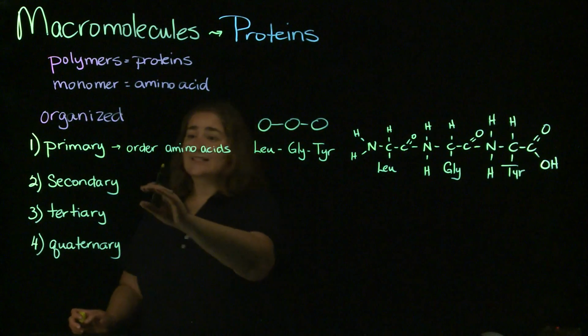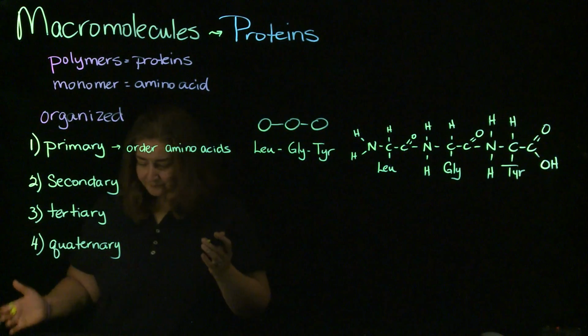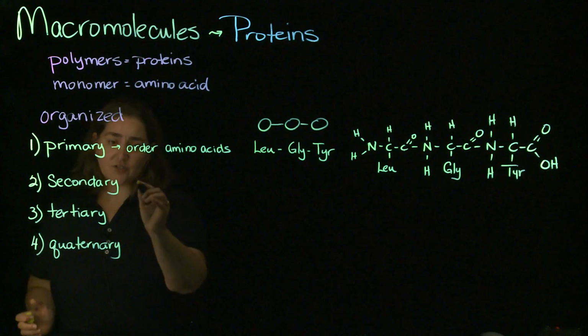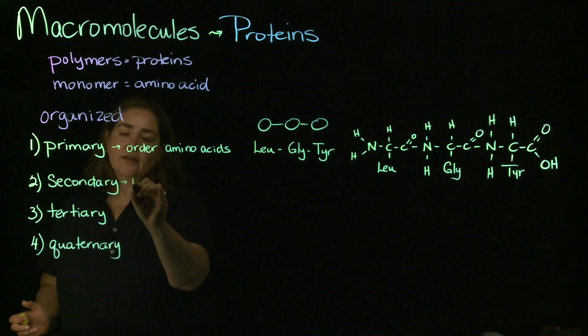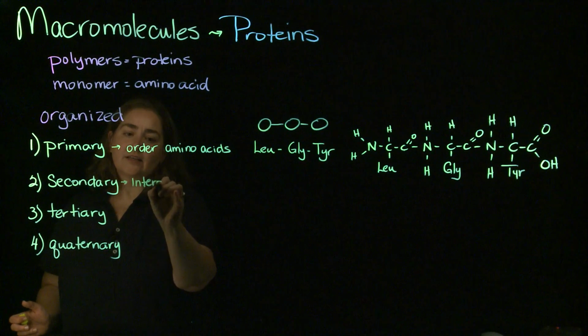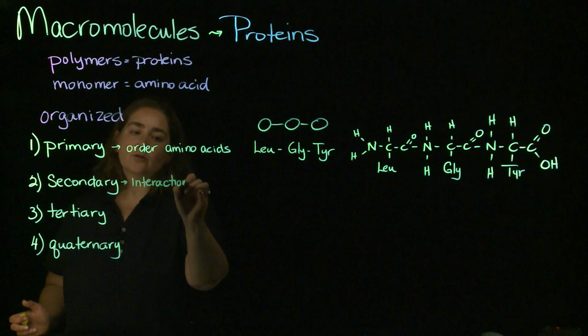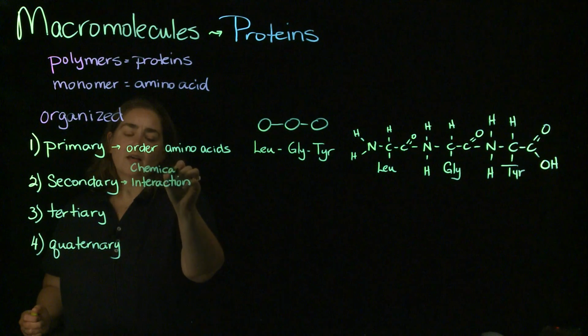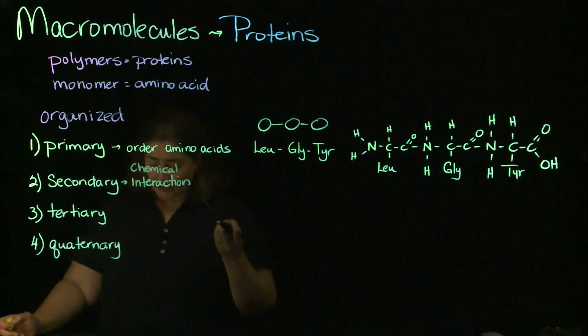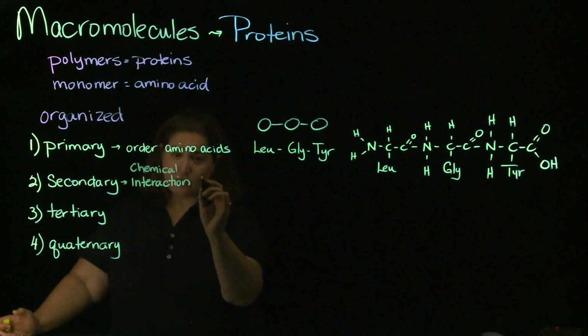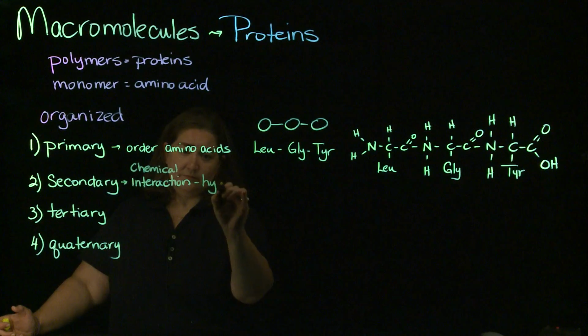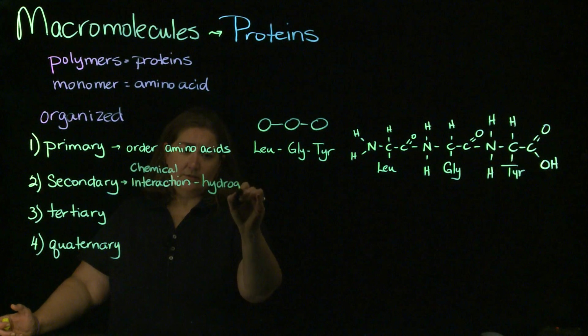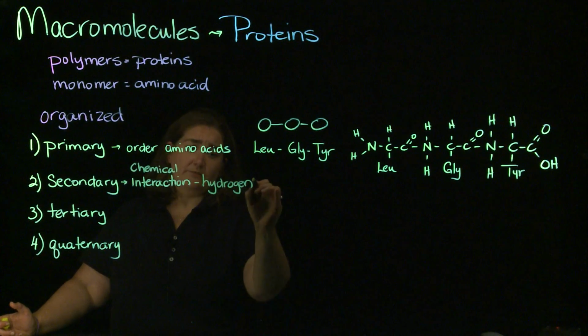So in terms of that secondary structure, now with secondary structure, we're talking about interactions that happen, chemical interactions. And primarily the chemical interaction that we're going to talk about is going to be hydrogen bonding.